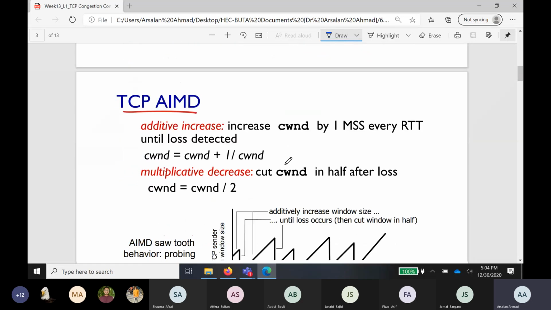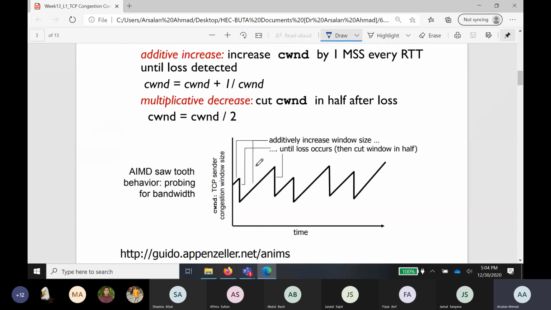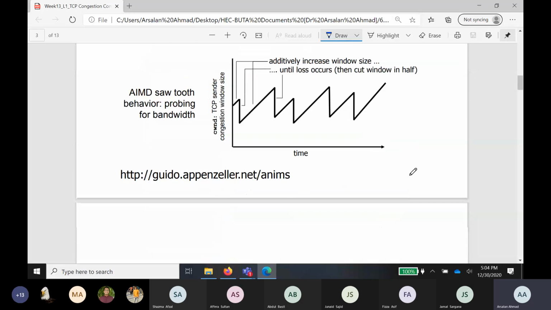Okay, and this is the behavior of one host when it is plotted. Its window size is plotted against the time, which may be in RTT. And the behavior is in sawtooth form, because you have an AI part and then you have an MD part, which decrease the rate by cutting the window size in half.